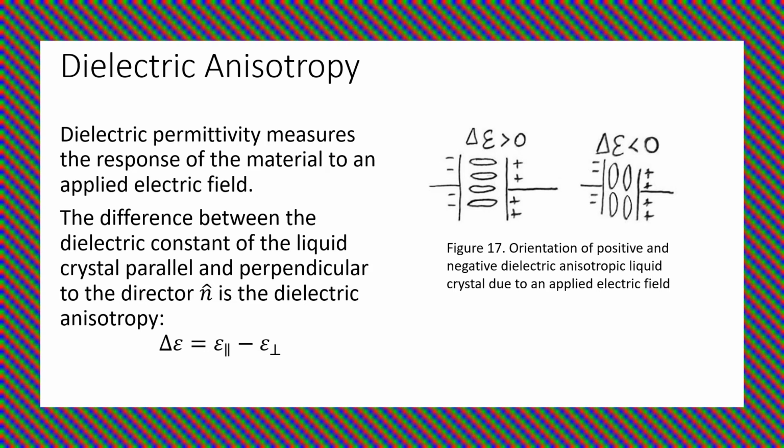If you see Figure 17, if the dielectric anisotropy is positive, then the molecules align parallel to the electric field, while if it's negative, they align perpendicular.